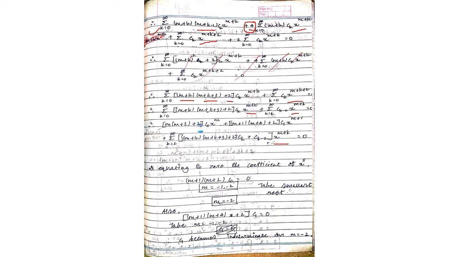So this one will be m square plus 3m, I'm just opening this bracket, m square plus 3m plus 2. And after then making a factor, I have written directly m plus 1 into m plus 2 into c0 equals to 0, but as we know c0 can't be 0, so both the factors equal to 0, so m equals to minus 1 and minus 2.